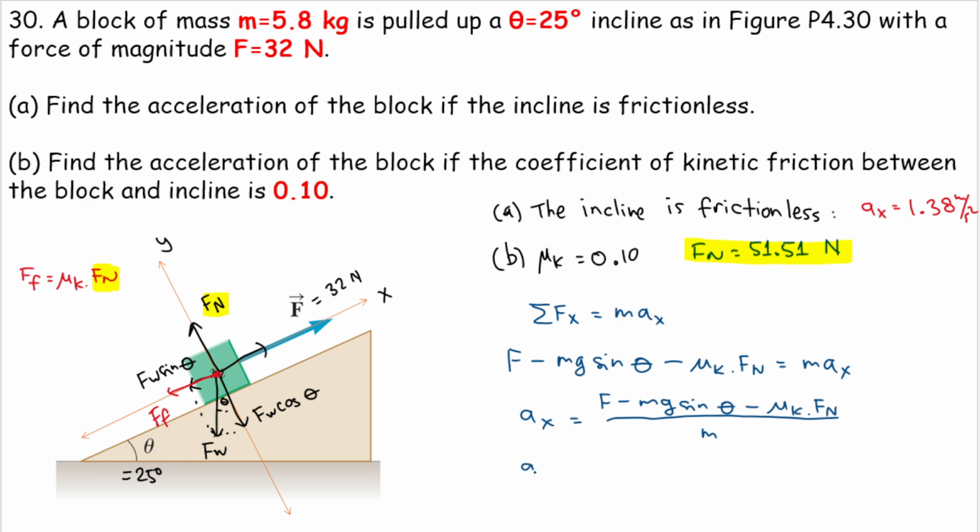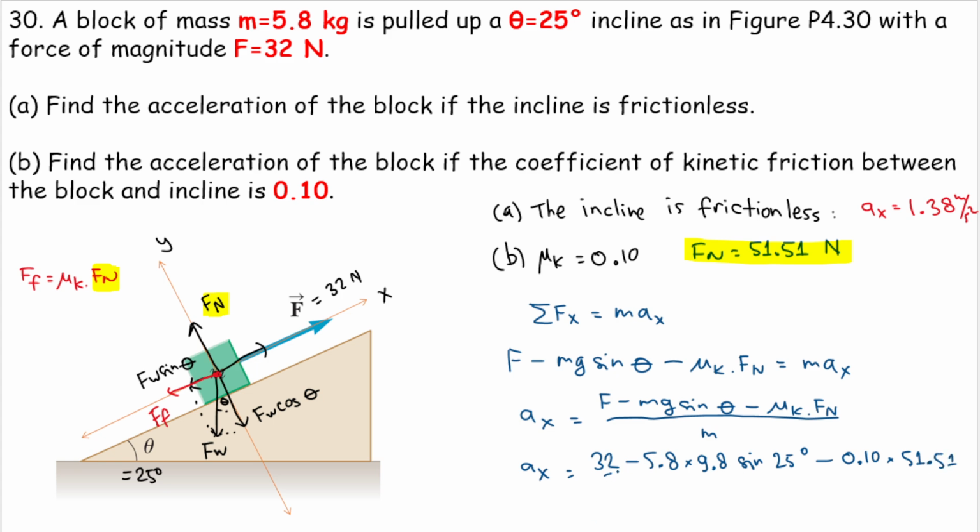So we will have ax here. What is F? F is 32 Newtons, minus the mass, 5.8, times g, 9.8, and then sine of 25 degrees, then minus 0.10 multiplied by Fn. Fn is 51.51.